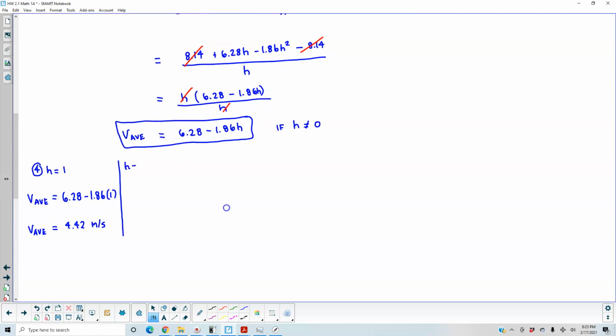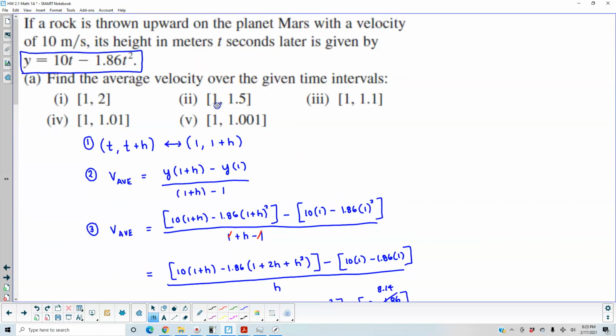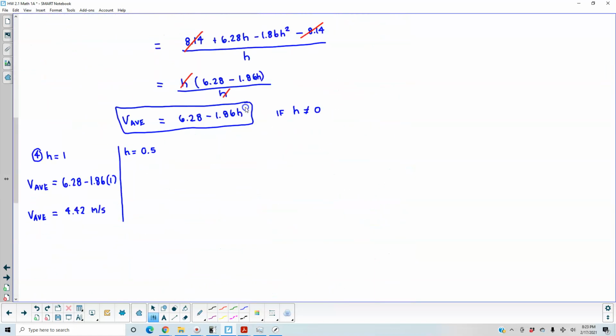So when h is now going to equal 0.5, and that is the interval from 1 to 1.5, then the average velocity is equal to 6.28 minus 1.86 times 0.5, and therefore the average velocity is going to be 5.35 meters per second.